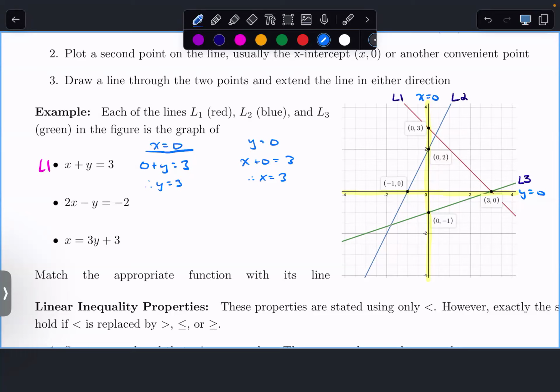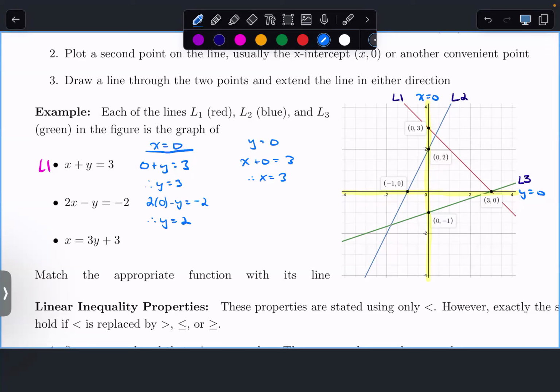If I do the same thing for the next one, if I let x be 0 and 2x minus y is equal to -2, I get 2 times 0 minus y is -2, which means -y is -2. So when x is 0, y is 2. L1 and L3 for the first question, x plus y.